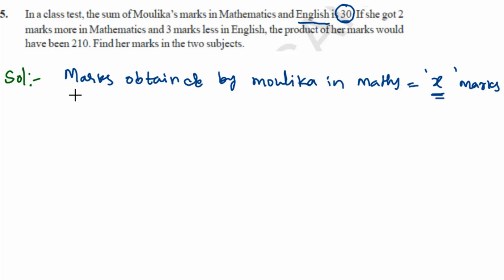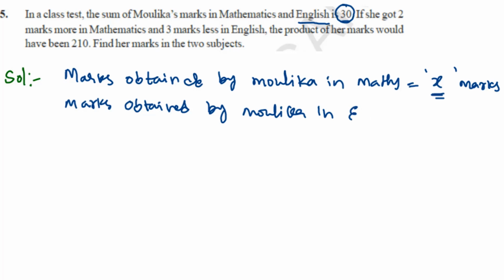So to get that, we have to subtract from total marks the marks obtained by Moulika in maths, that is x. So now 30 minus x is her English score and x is her maths score. So now we have individual subject scores.